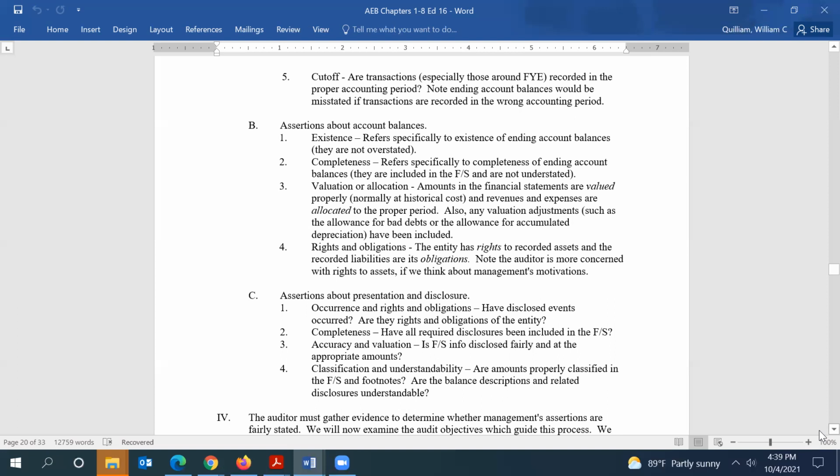Then number 4, rights and obligations. It means the entity has rights to the recorded assets, they own them, and the recorded liabilities are its obligations. They owe them. And we can note the auditor is more concerned with rights to assets if we think about management's motivations.